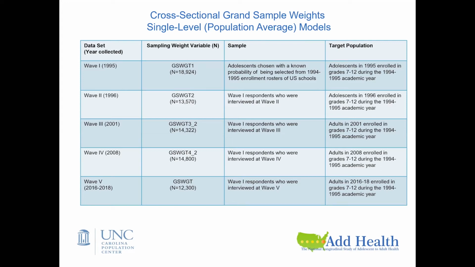So you might be interested in adolescents' drinking behavior and how that varies by the school level prevalence of binge drinking, let's say. That would require a multi-level analysis with multi-level weights.